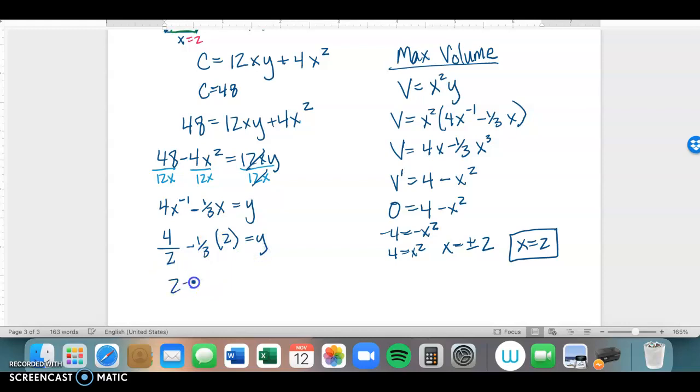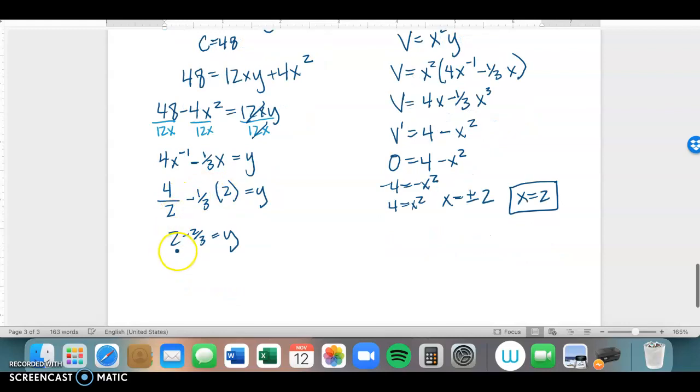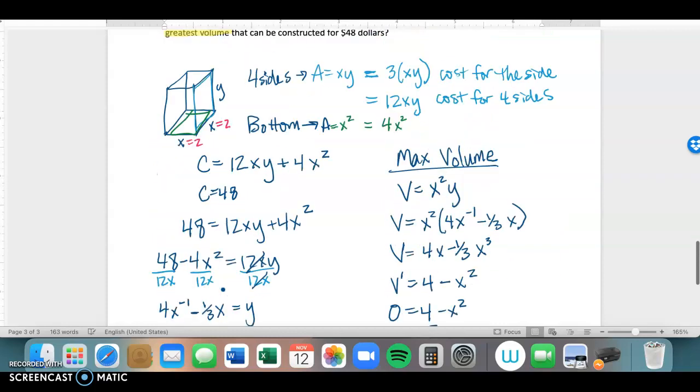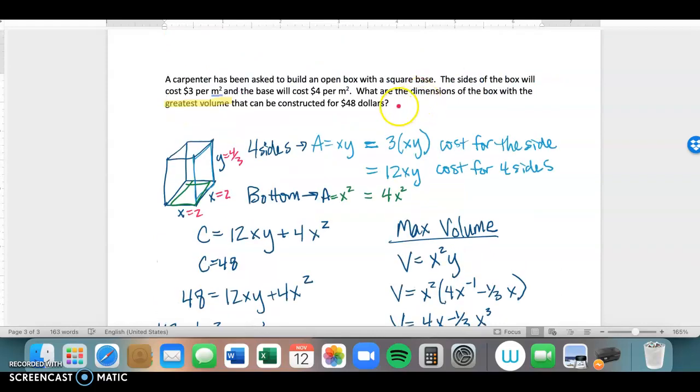So 2 minus 2/3 equals y, which if we put this over a 1 and multiply by 3, is 6/3 minus 2/3, so 4/3 equals our y. And that comes back up here as 4/3. So if we're going to answer this, we would say 2 meters by 2 meters by 4/3 meters.